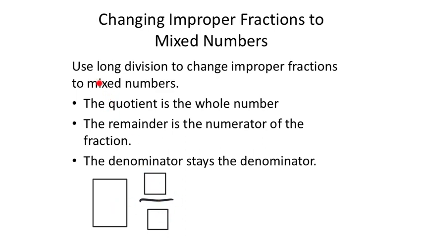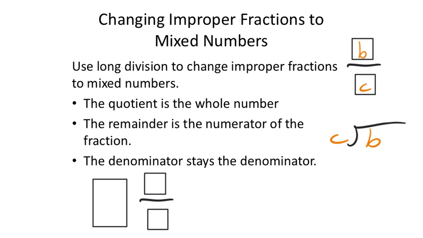So you take the two numbers from the improper fraction and you divide the two. So remember, if we were to see just a regular old-fashioned fraction like this one, it is the numerator divided by the denominator. So if we looked at it the same as we have been doing, this is a B over C kind of business, then this would be B divided by C in long division.